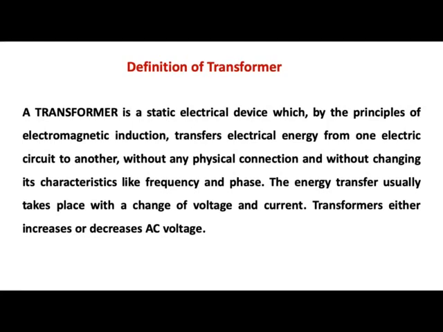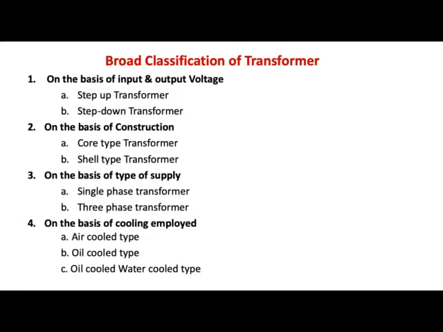Therefore the electromagnetic induction principle is applied, and the electrical energy is transferred from one electrical circuit to the other with the help of the mutual coupling between the two coils, primary coil and secondary coil, or the input side and the output side, without any physical connection between the two coils. When there is no physical connection between two coils, that is known as electrical isolation.